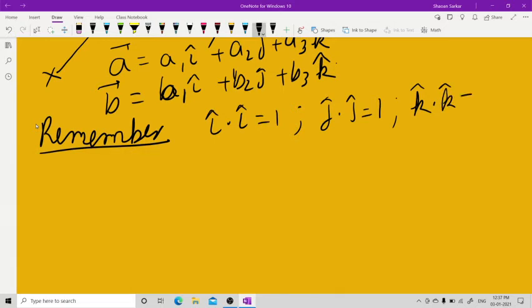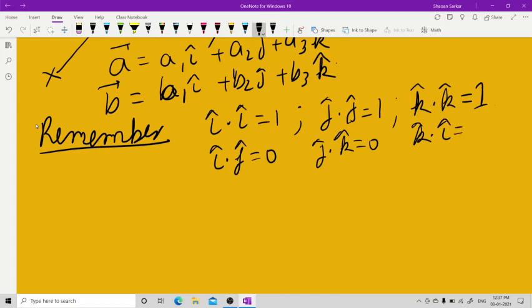I'm saying kk and jj in short, but actually it is k cap, j cap and I cap. Now, I dot j is 0, then j dot k is again 0, k dot I is again 0. Why these are 0 and why these are 1, I'll tell you later on. But right now, take this as a very, very important result, because I need to make you understand how to solve this.